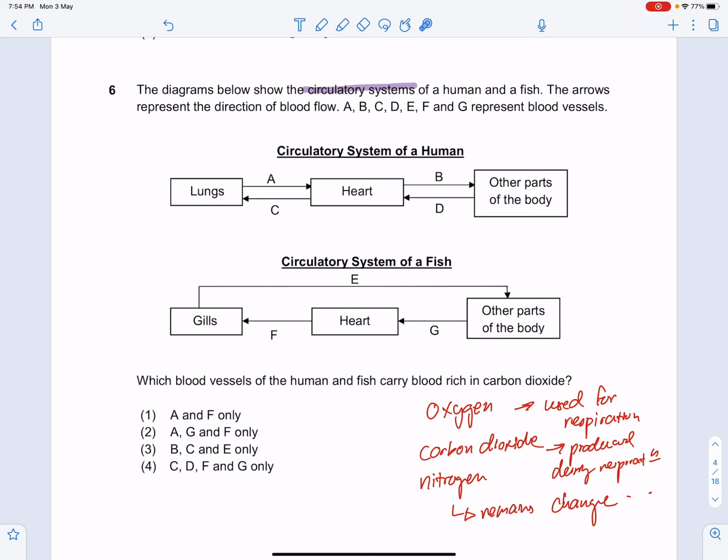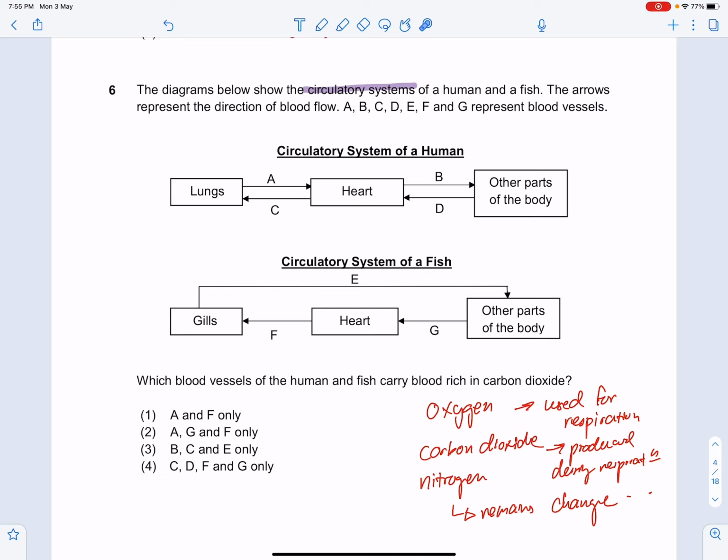So any blood that is exiting my lungs immediately will have the highest amount of oxygen and lowest amount of carbon dioxide. Conversely, any blood that is entering the lungs, in this case C, would have the highest amount of carbon dioxide and lowest amount of oxygen. This is because if we were to backtrack, this blood actually came from all other parts of the body.